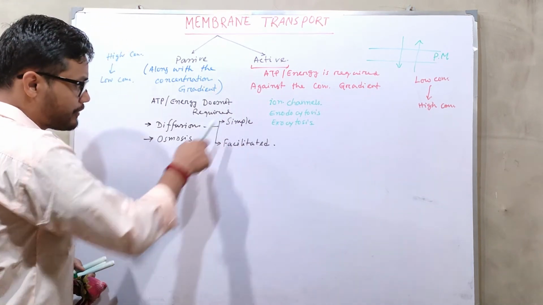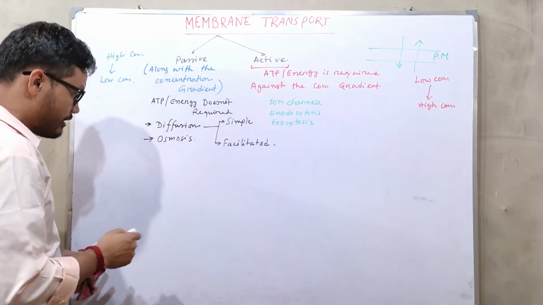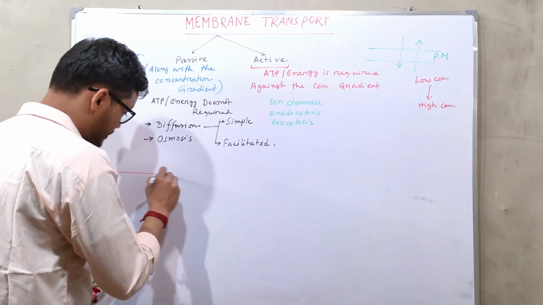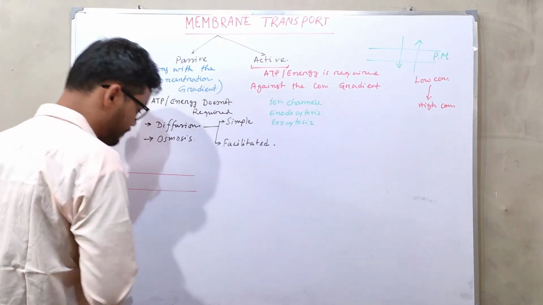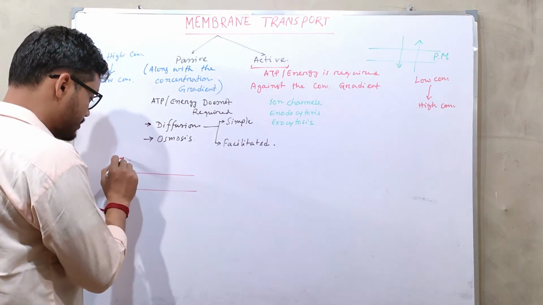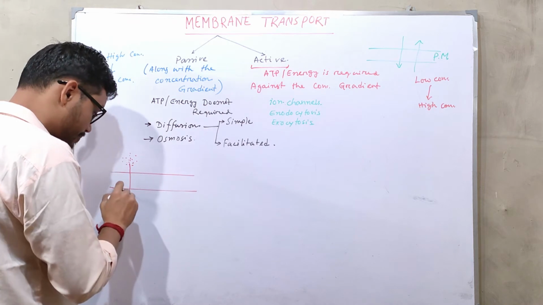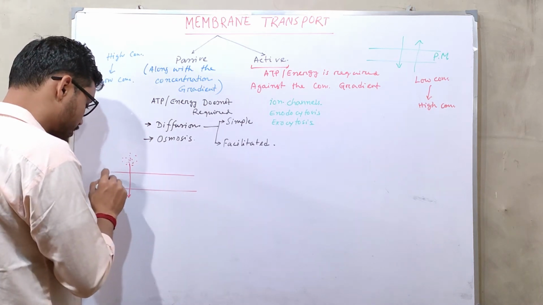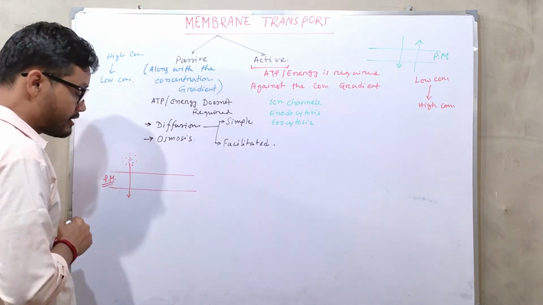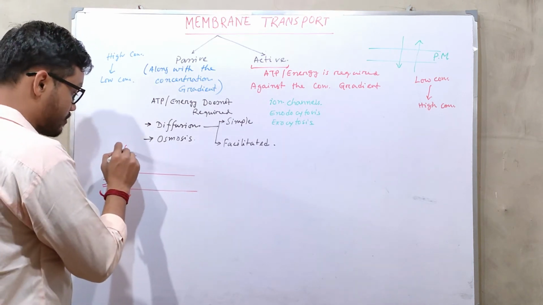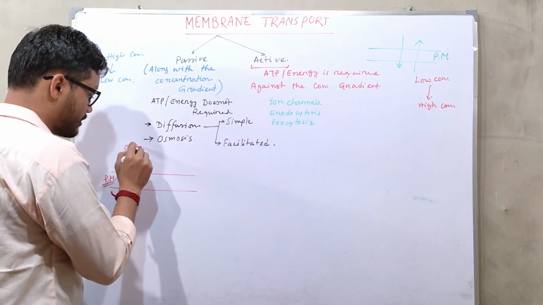In simple diffusion, if this is a plasma membrane, small molecules like gases, oxygen or carbon dioxide can easily pass through it.